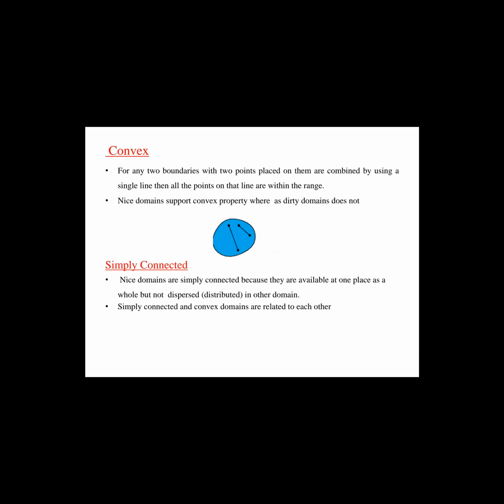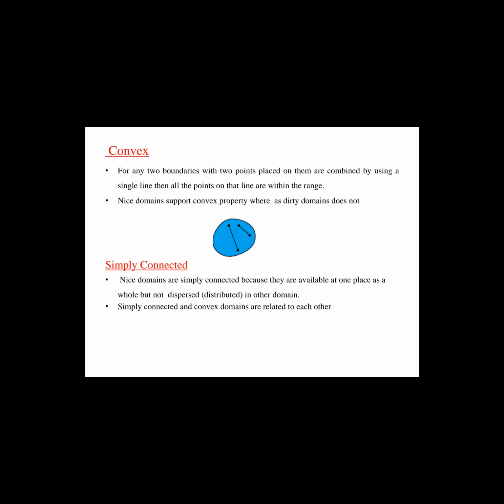Next one is simply connected. Nice domains are simply connected because they are all available at one point as a whole, not distributed in another domain. So we can have multiple domains, but each domain will have its own boundaries.